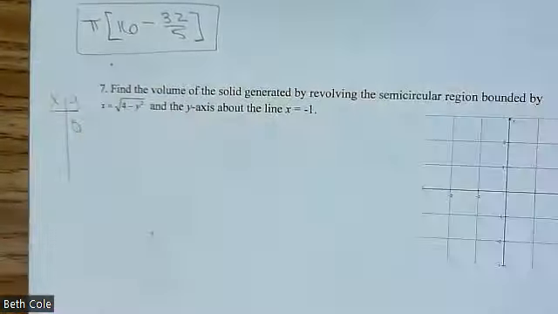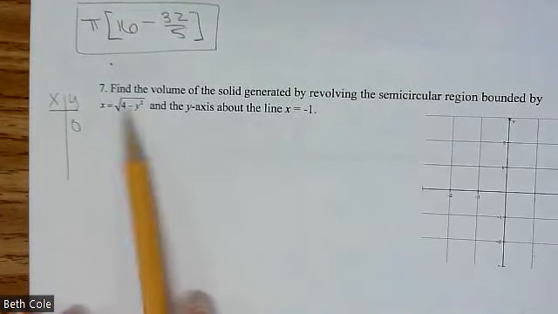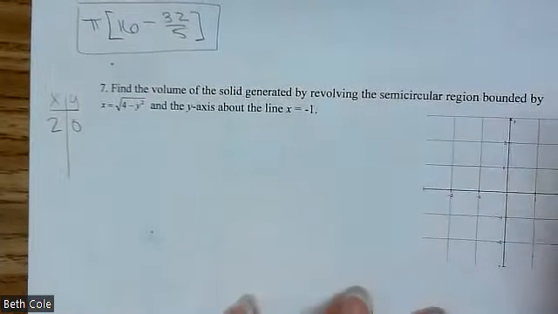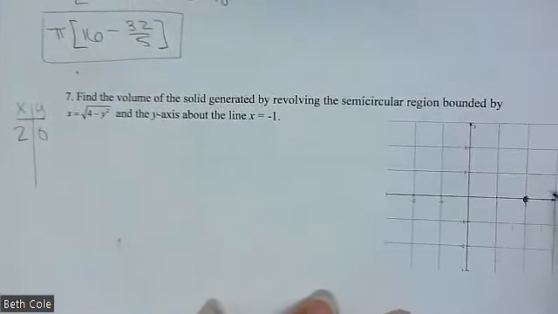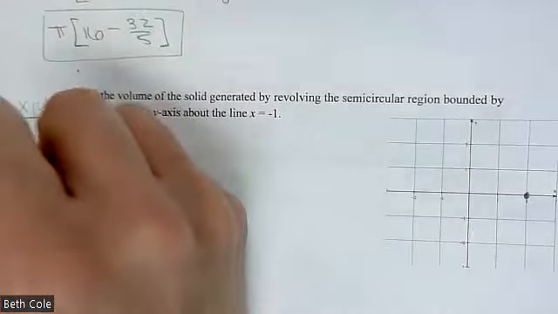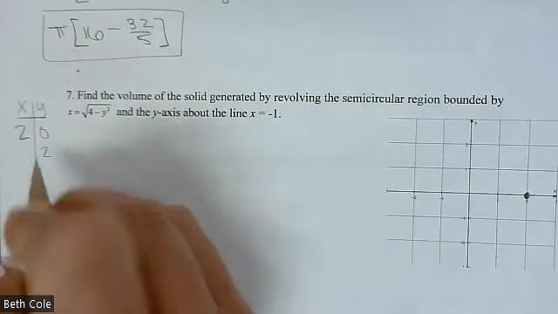Let's start by trying 0. If we plug in 0 for y, what do we get for x? 2, good. So 2, 0 is the first point we can put over here. What else can we plug in for y? 1 would not be a good choice because you'd end up with square root of 3. What else could we plug in for y? 2 would be good, and -2.